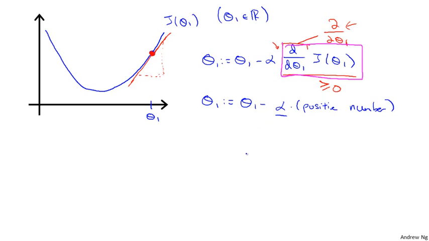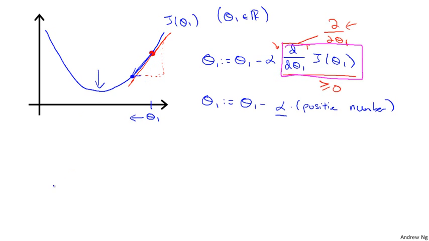So I'm going to take theta 1 minus something, which means I'm going to end up moving theta 1 to the left. I'm going to decrease theta 1. And we can see this is the right thing to do because I actually want to head in this direction to get closer to the minimum over there. So gradient descent so far seems to be doing the right thing.